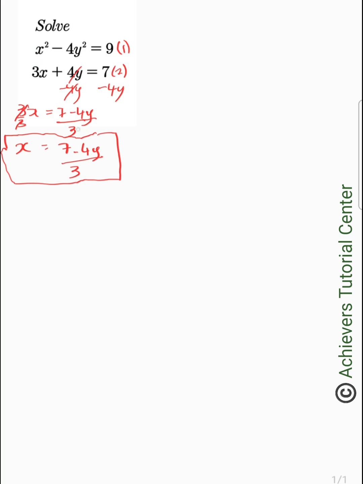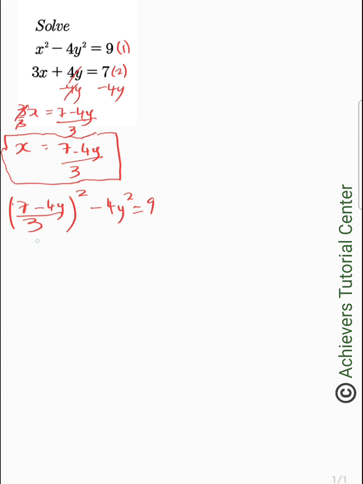Where we see x, we are just going to substitute with (7 minus 4y) divided by 3. So we are going to have 7 minus 4y, all divided by 3, and we square it, and minus 4y squared equals 9.